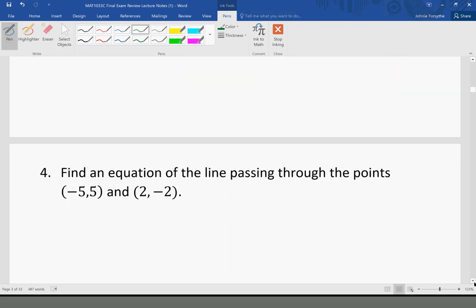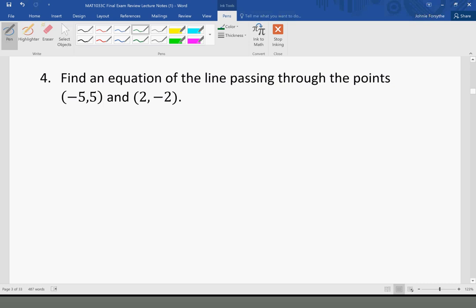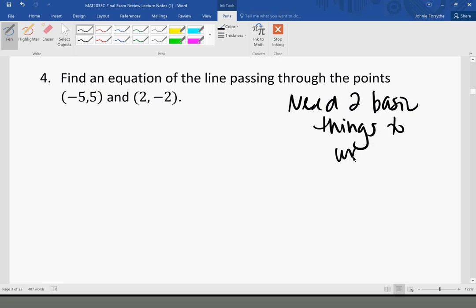All right, let's look at graphing lines and writing equations of lines. So find equations of the line passing through the points, negative 5, 5, and 2, negative 2. So you need two basic things to write an equation.